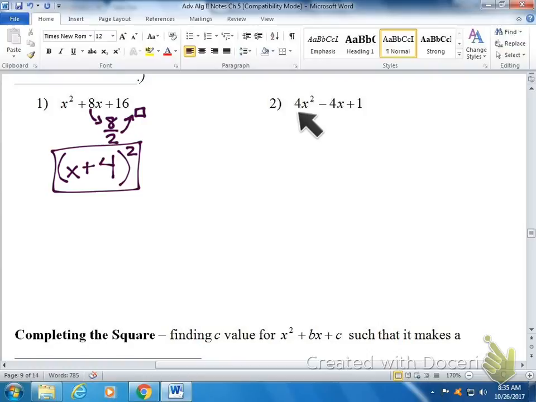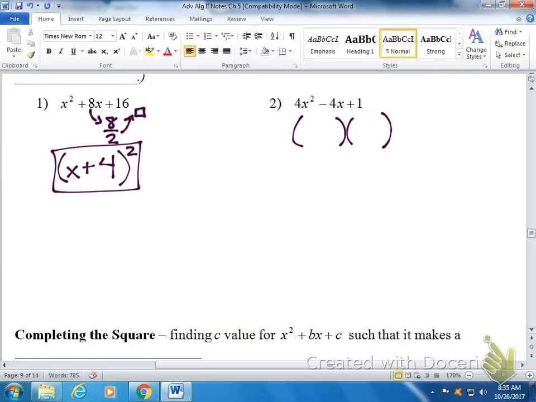Then we have to figure out, is this a perfect square? If we actually factored this, it's not as cut and dry as the previous example. But let's see, if we were to figure out, okay, what multiplies to 4 but adds to negative 4, could we have the same thing written in both parentheses? So what multiplies to 4 and adds to negative 4 is negative 2 and negative 2.